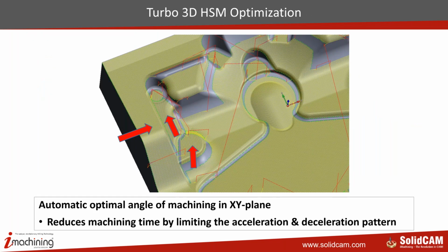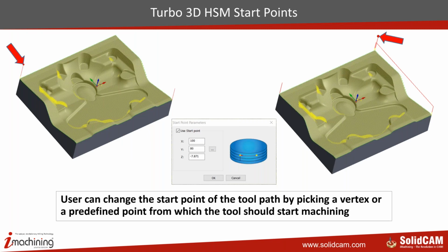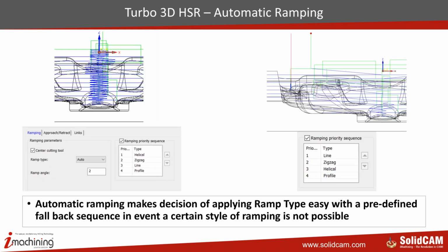As I mentioned, you can use this optimum angle, and the software automatically generates the toolpath taking into consideration the most optimum angle. You can also control the start point, where exactly you want to start the toolpath generation. For the ramping option, you can always set your preferred ramping function.